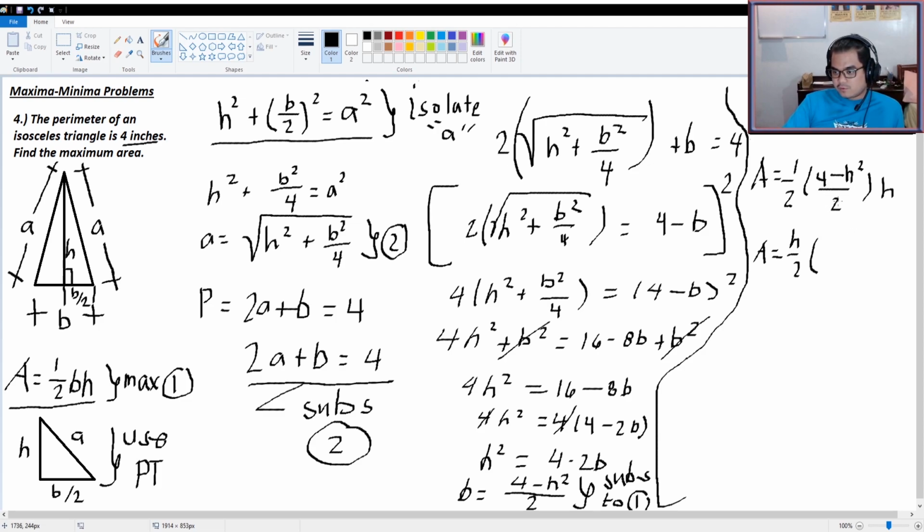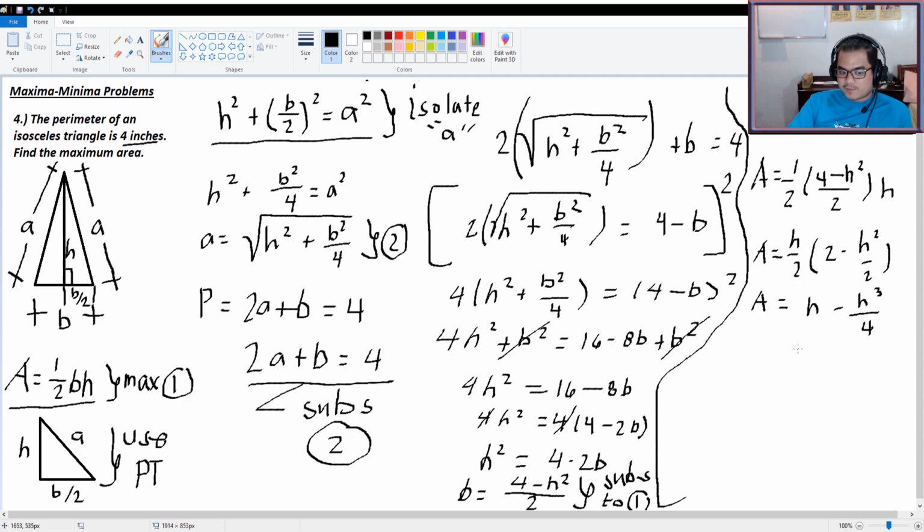That will become 4 over 2, that is just 2, and minus h squared over 2. There, so that you are able to see it clearly. So A now will be equal to h over 2 times 2, that is just h, then minus h cubed over 4.